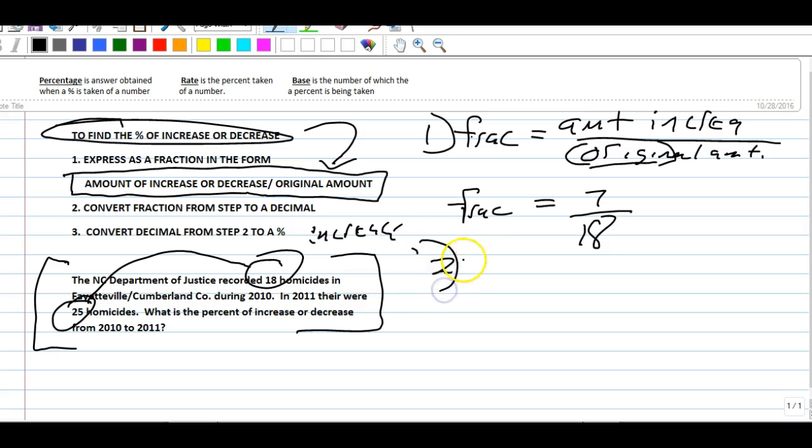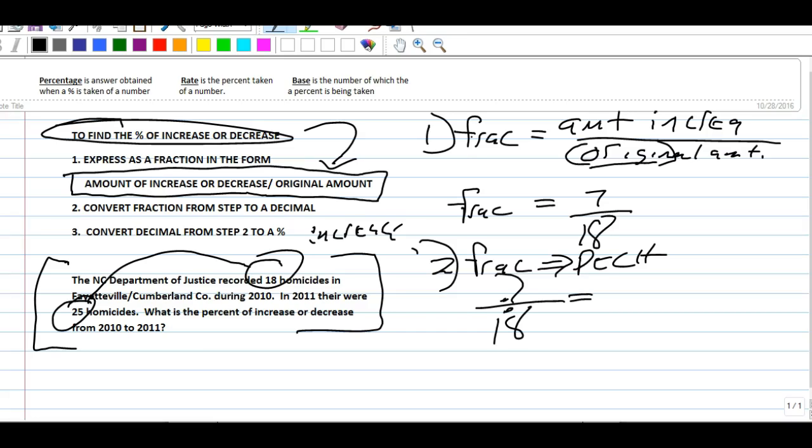The next thing I have to do is convert this fraction to a decimal number. So that's 7 divided by 18. Remember that the fractional bar is nothing more than a division symbol. So I'm going to divide 7 by 18 to convert that fraction to a decimal.